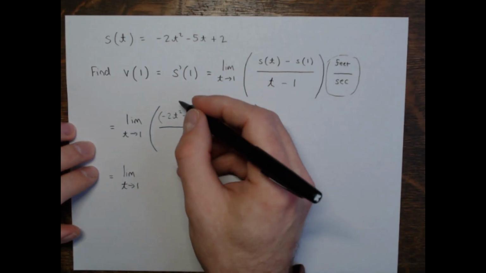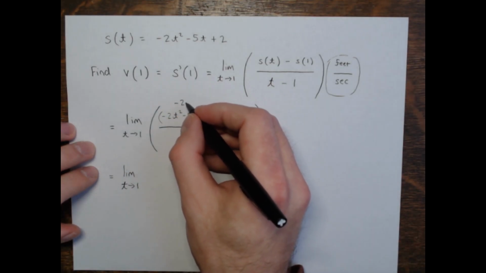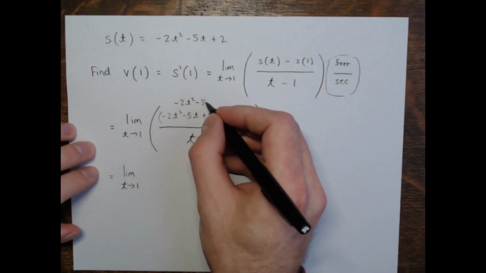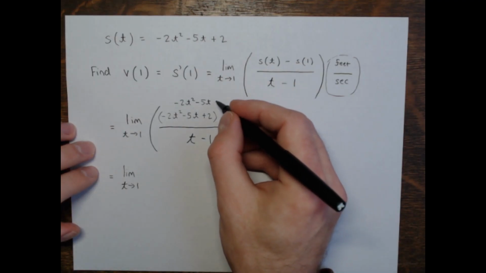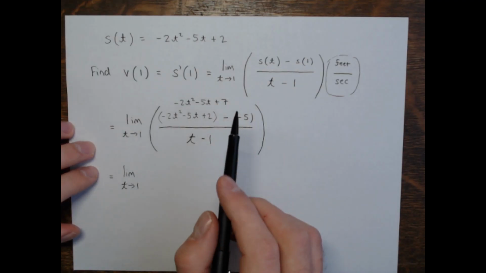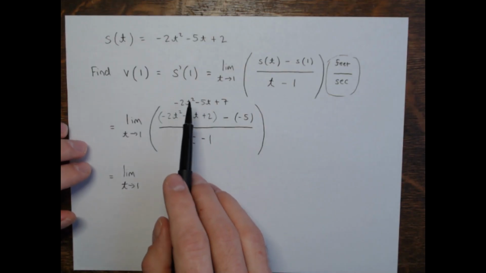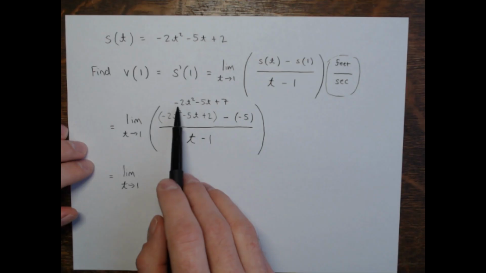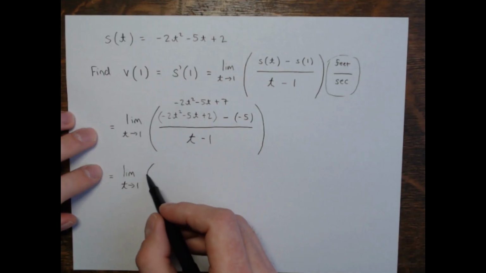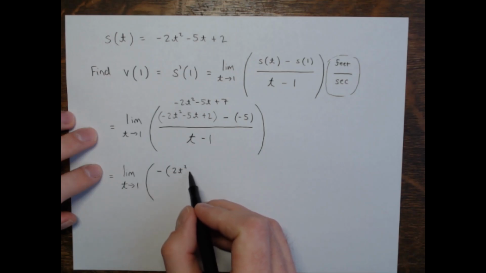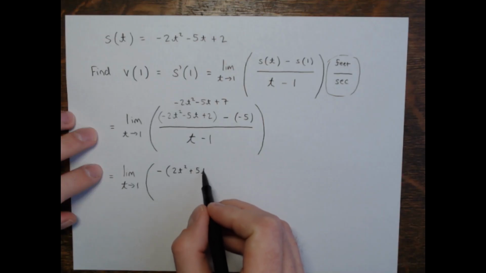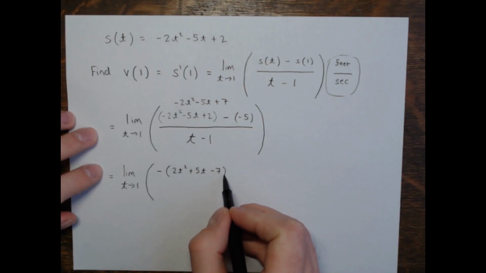Okay, so we have the limit as t approaches 1. Up top, this is negative 2t squared minus 5t, and then 2 plus 5 is plus 7. Now, I like having a positive lead coefficient in my polynomials, so I'm going to pull out a negative 1. Then we have 2t squared plus 5t minus 7.